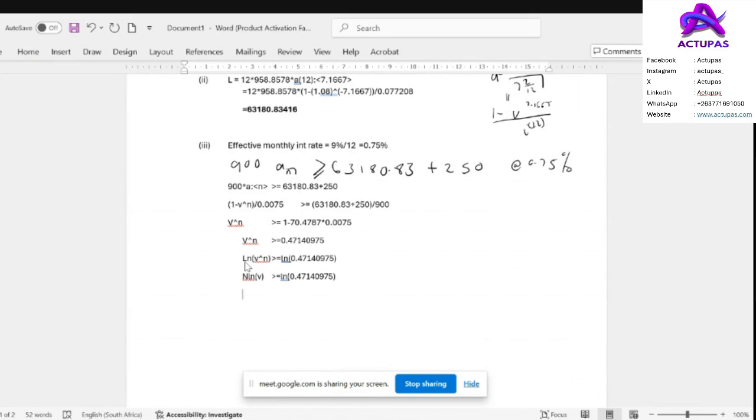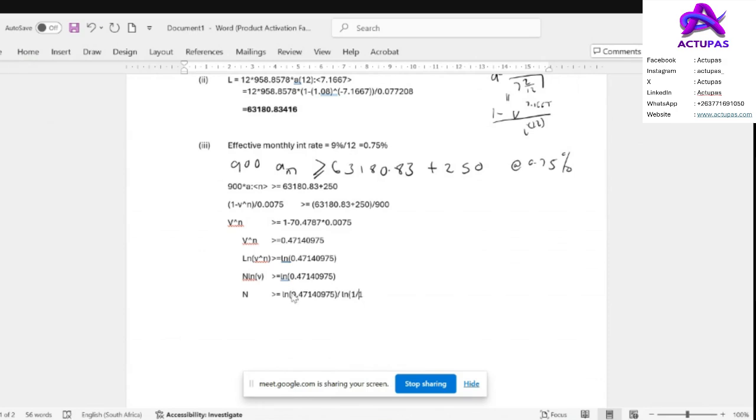And if we leave n this side, then n is greater or equal to this ln here, copy, paste it, divided by ln of v. v is just 1 over 1 plus i.